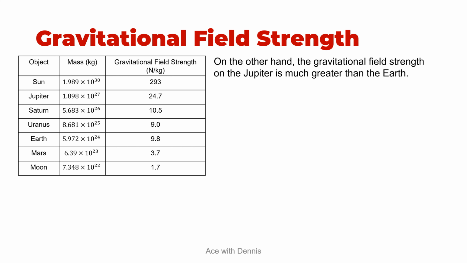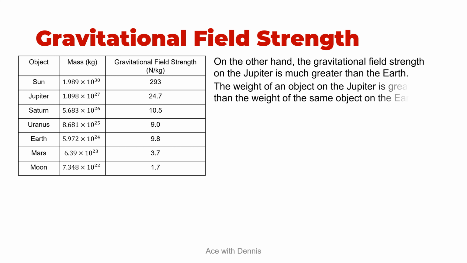On the other hand, the gravitational field strength on Jupiter is much greater than the Earth. The weight of an object on Jupiter is greater than the weight of the same object on the Earth. Let's take the same example.